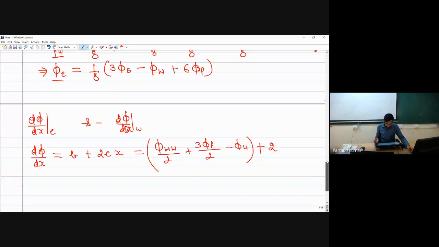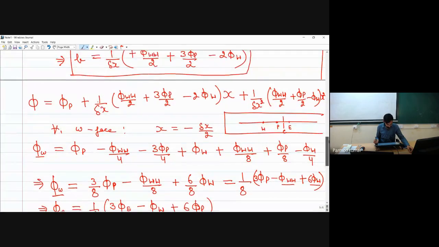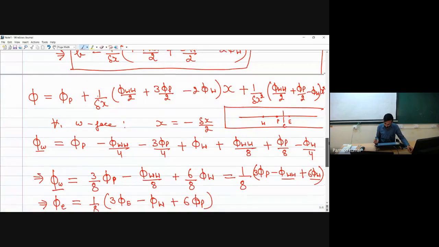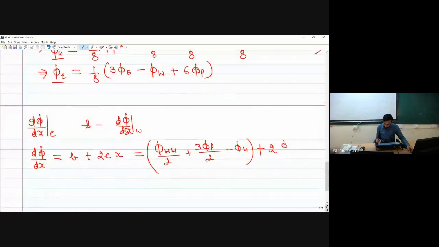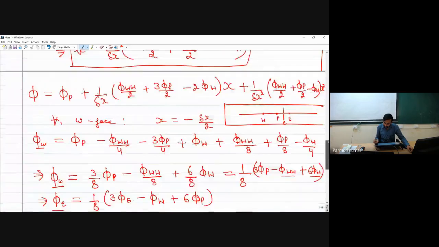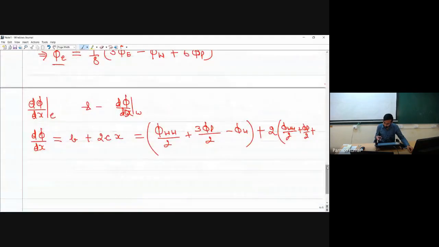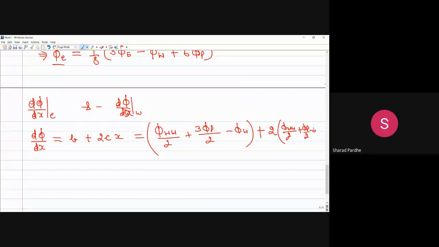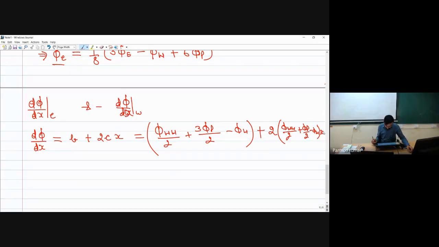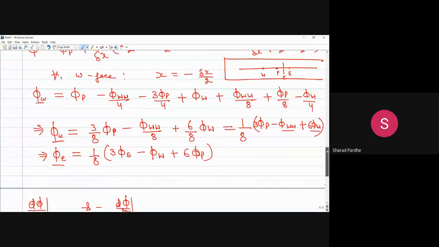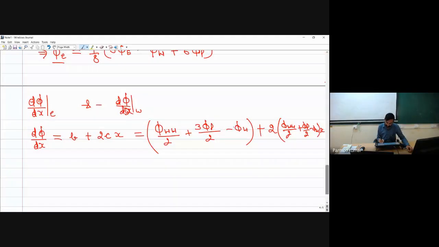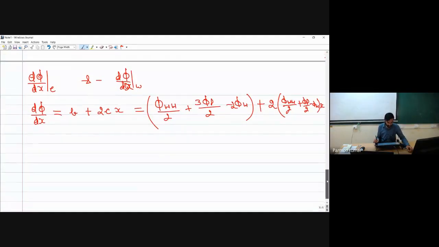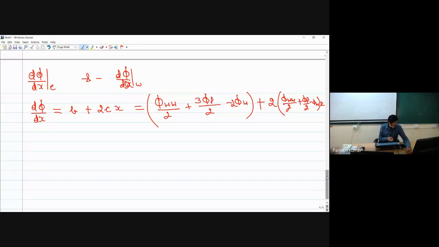What is the value of c? Phi WW divided by 2 plus phi p divided by 2 minus phi w into x. Sir, there should be minus 2 phi w in the value of b. The last one should be minus 2 phi w. So b is phi WW by 2 plus 3 phi p by 2 minus 2 phi w. Okay, fine.